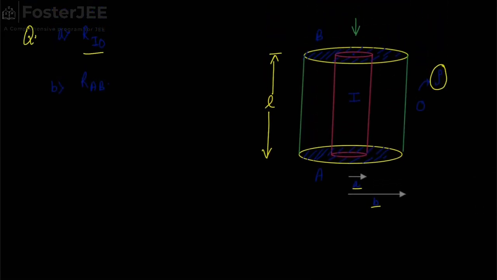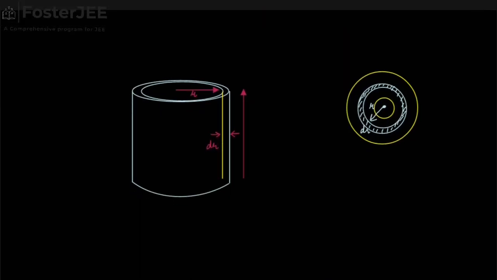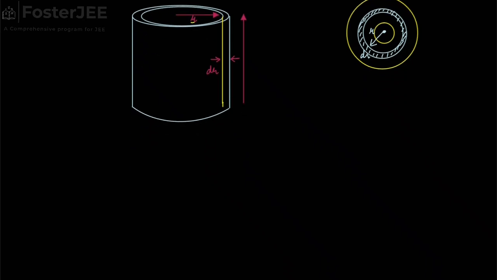Here we can see we have a complete cylinder which is hollow from inside, and we have taken an element from the center at a distance r. It will be a kind of cylinder only. Its radius is r and thickness is dr. Now our whole focus will be on this.